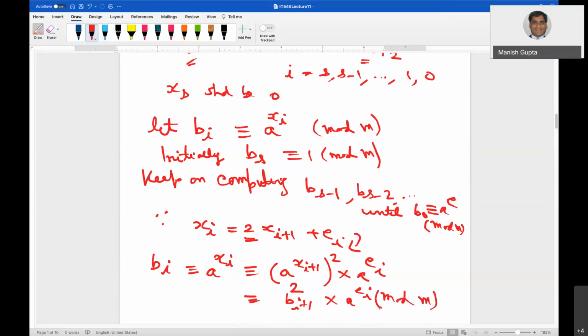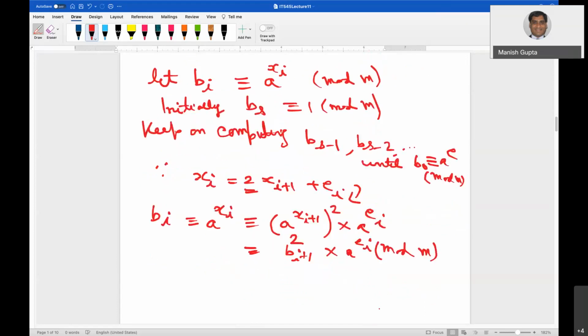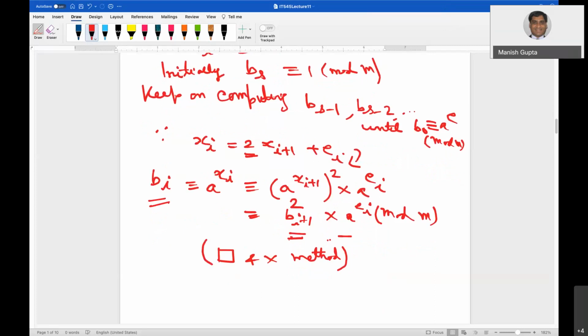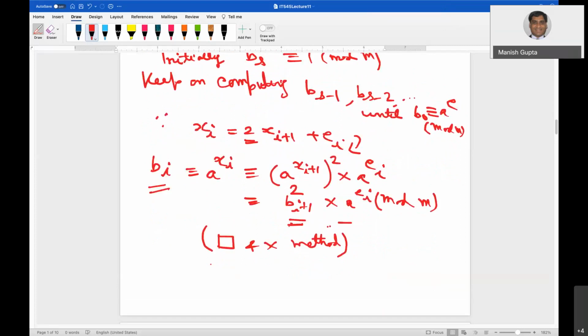So that means what we are doing essentially at every step, because of this partial exponent, we square and then multiply, square and multiply, square and multiply. Okay, so this is the technique. That's why this technique is known as the square and multiply method. So this suggests that I can write down a nice algorithm which will just use squaring and multiplication. Let me show you how it works.